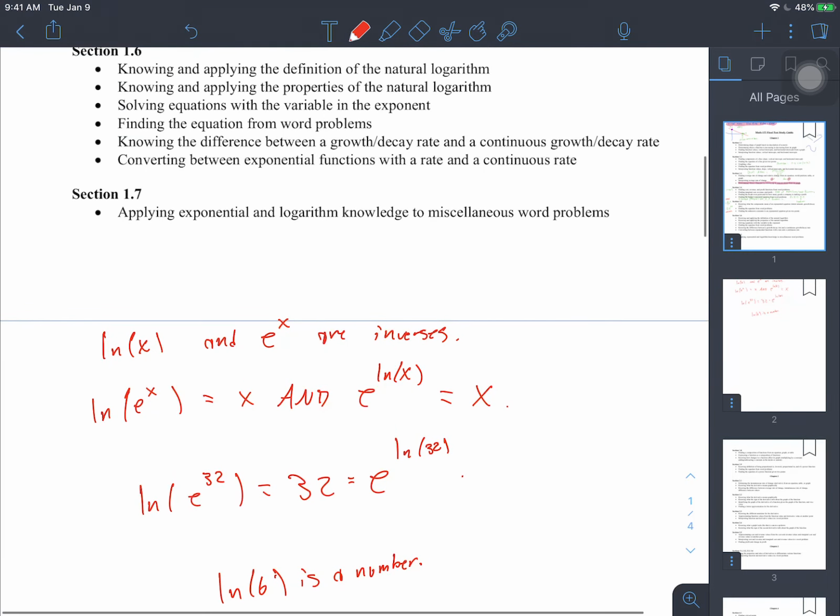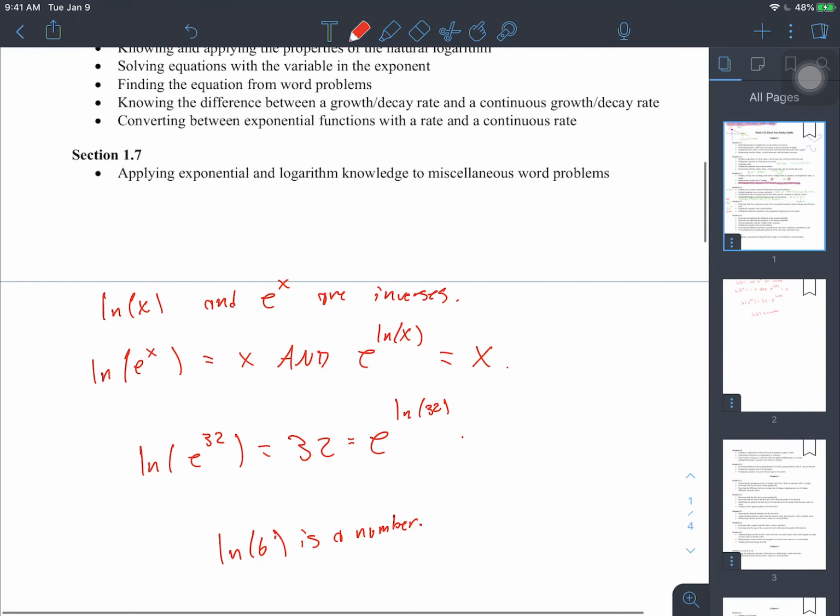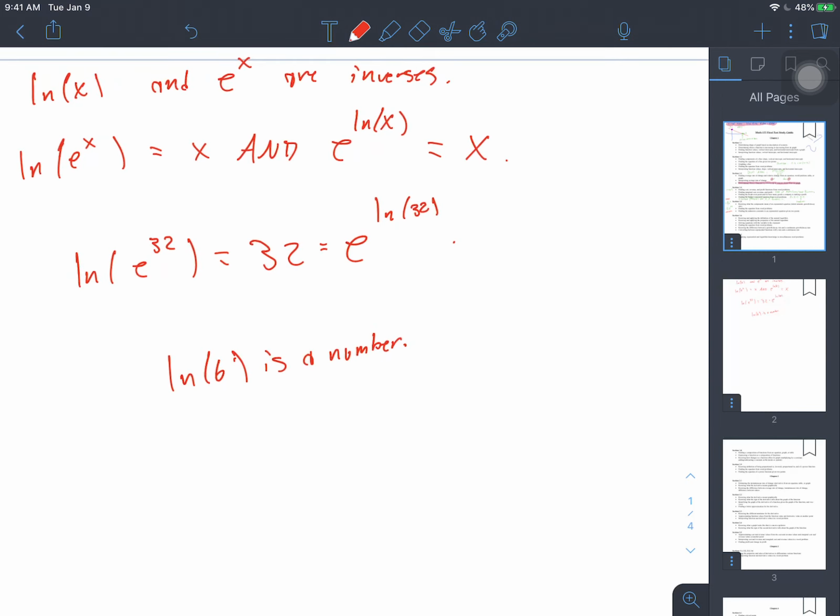We should also know how to apply the properties of the natural logarithm, specifically the sum rule and the difference rule.